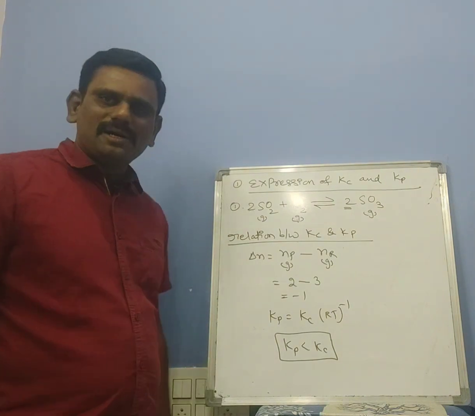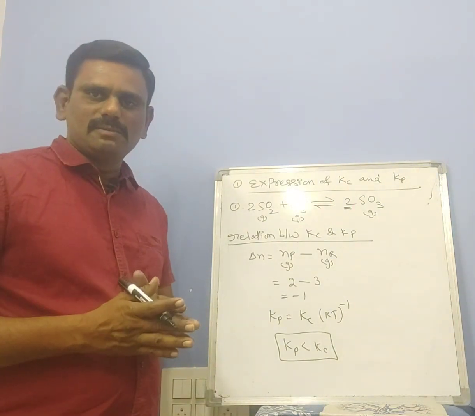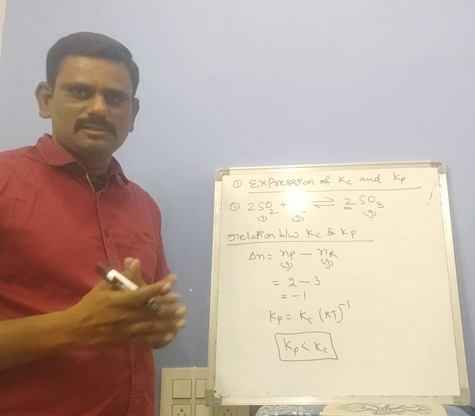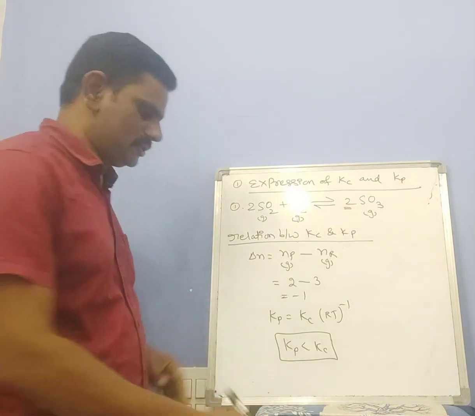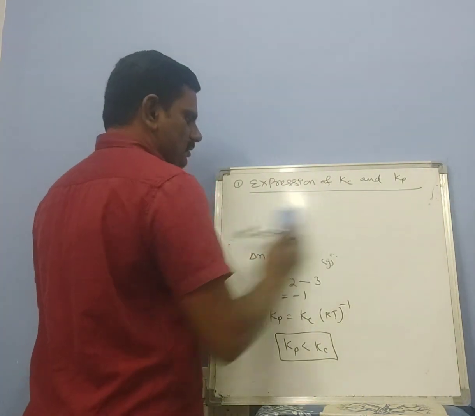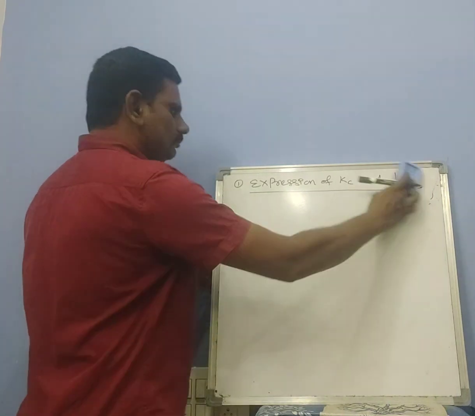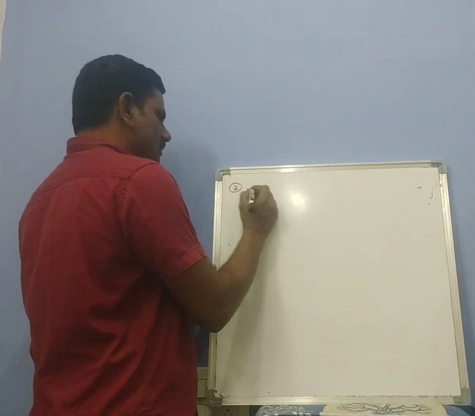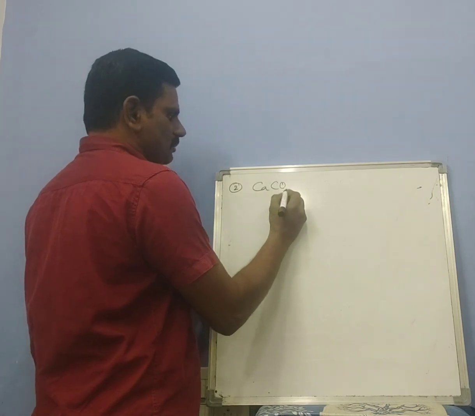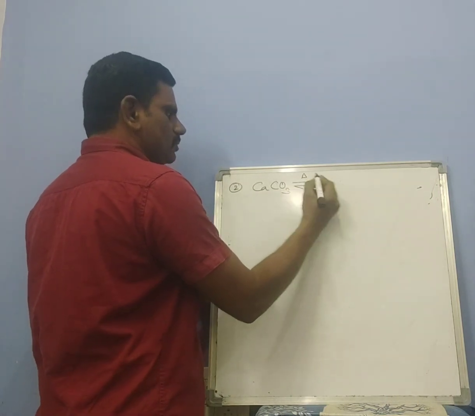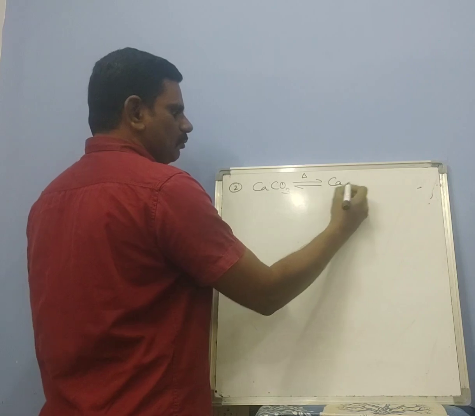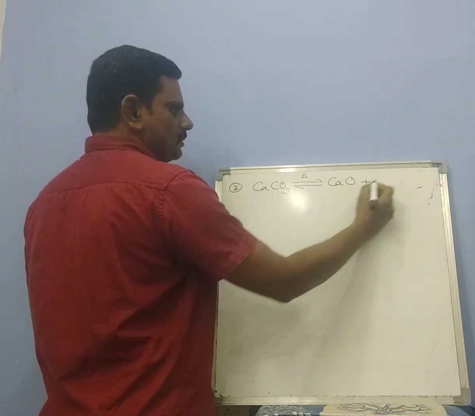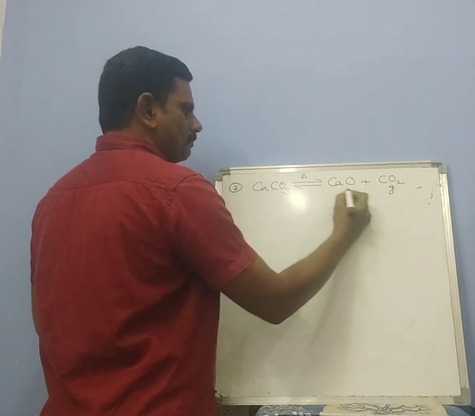Now apply the same concept, that is, expression of Kc and Kp, units of Kc and Kp, and relation between Kc and Kp, to another reaction. Second reaction, for example, calcium carbonate, solid, heated in a closed vessel, produces calcium oxide, solid, and carbon dioxide.